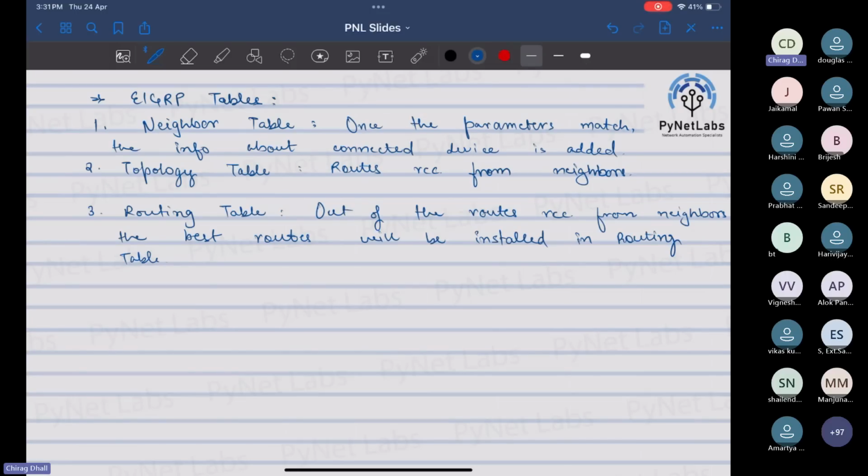No, it's not RCC. Actually, I wrote it received, like I was giving it a short form. Yeah, so these are the three tables which are maintained by EIGRP.